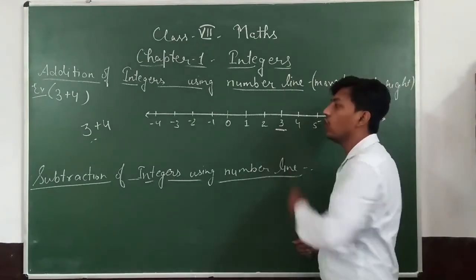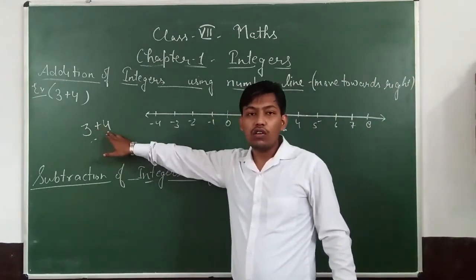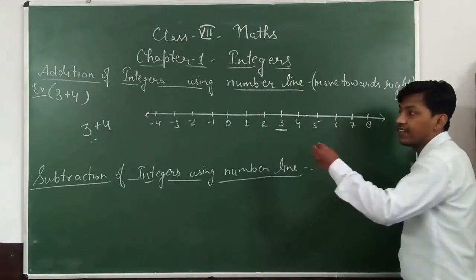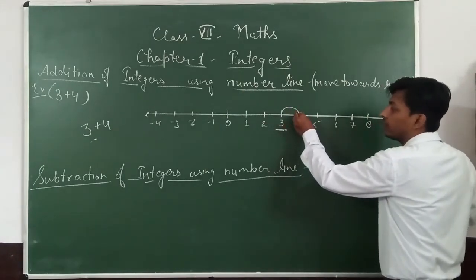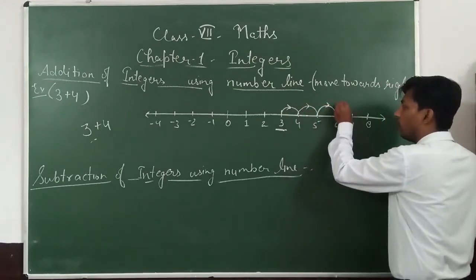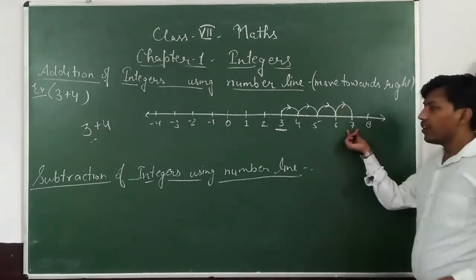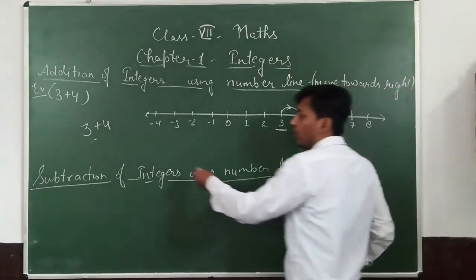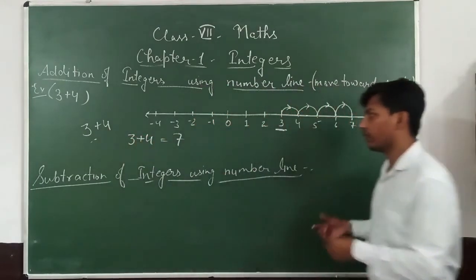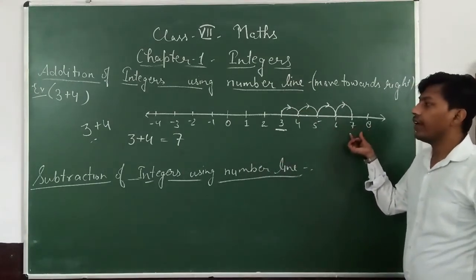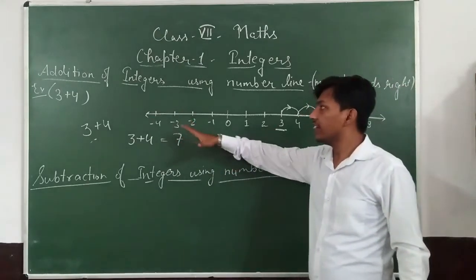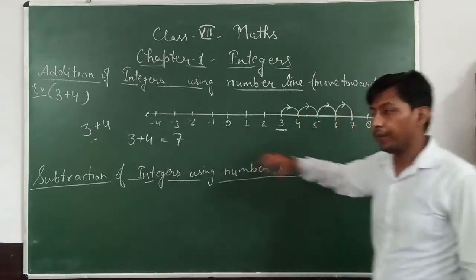Now we have the first value and we have to add 4. So move 4 steps towards the right side: 1, 2, 3, 4. We reach 7, and the sum of 3 plus 4 is 7. So we can add integers by using a number line.